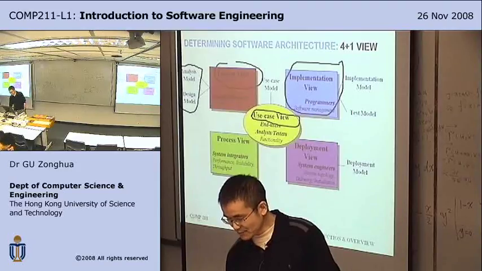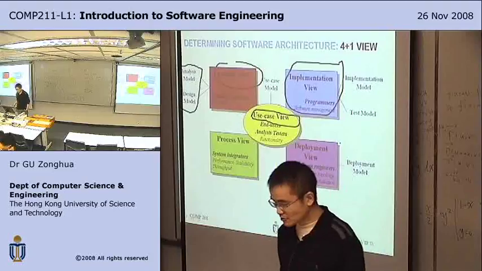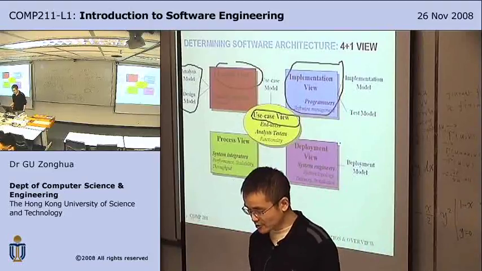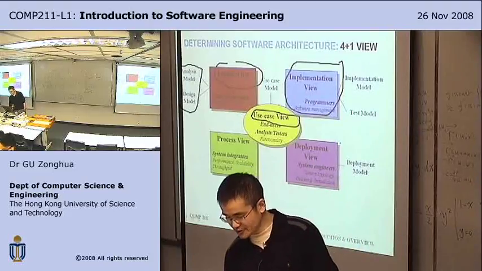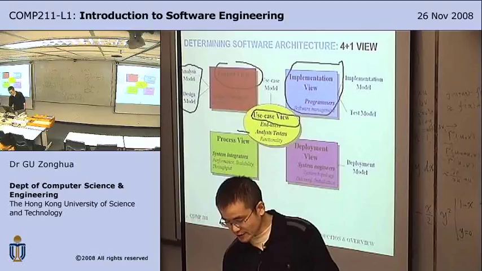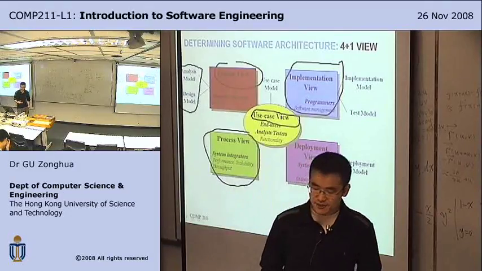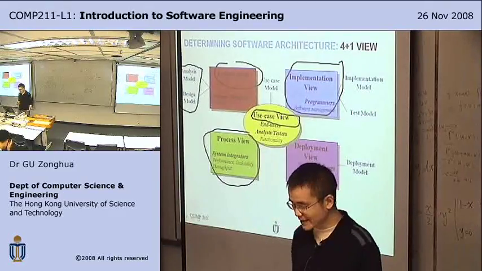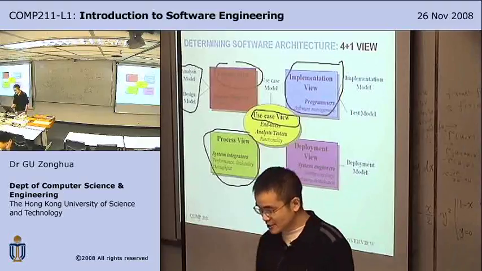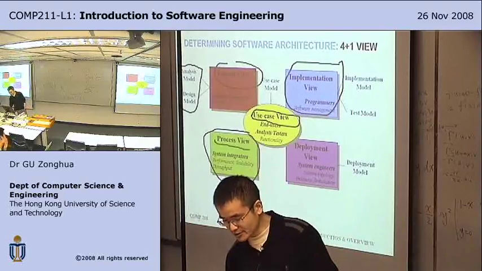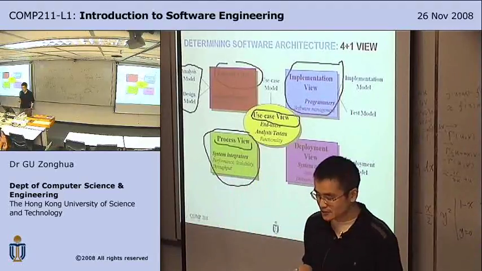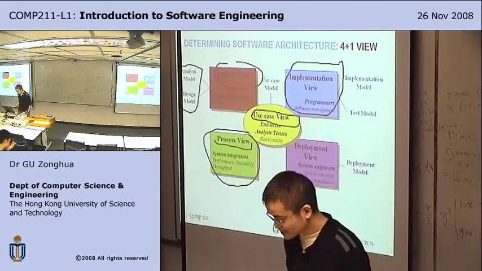So deployment view is for the IT staff. So how do you download and install the software? Process view is for non-functional requirements like performance, scalability, and throughput. So here the process is the operating system process, not the software development process.